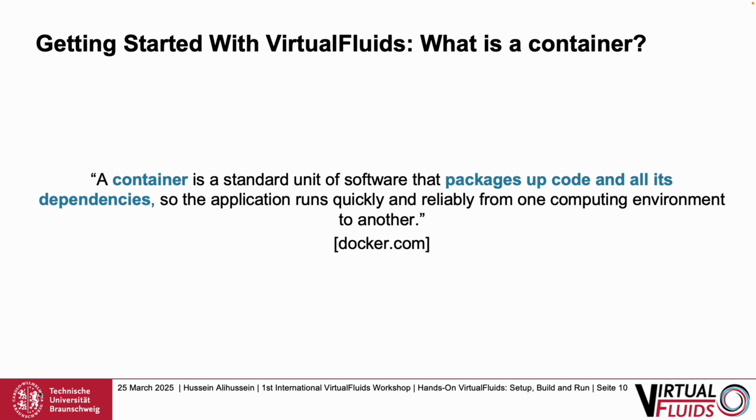What's a container? This is the definition from Docker: a container is a standard unit of software that packages up code and all its dependencies, so the application runs quickly and reliably from one computing environment to another. So we want to ship not only our code, but all its dependencies.